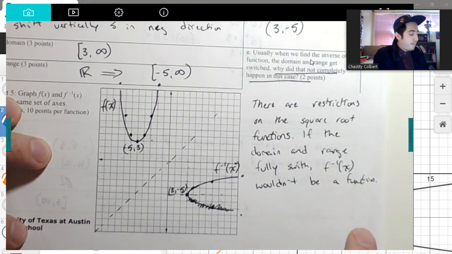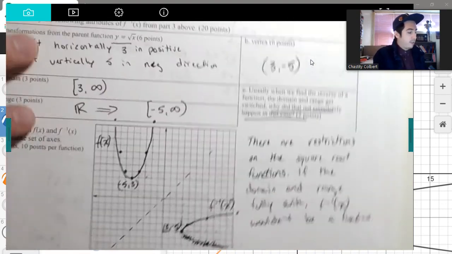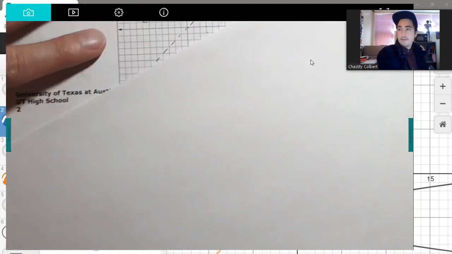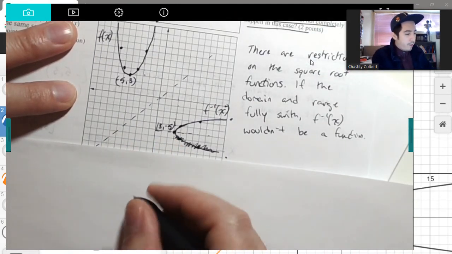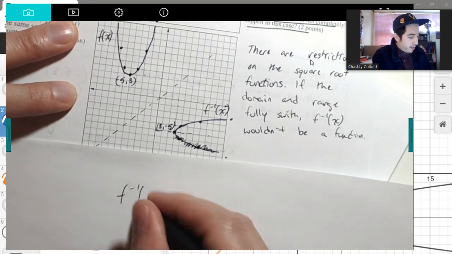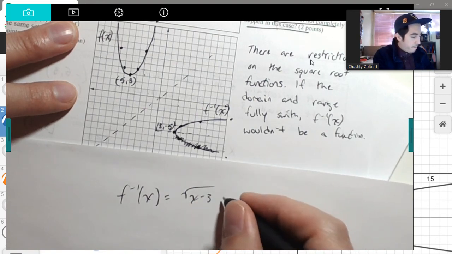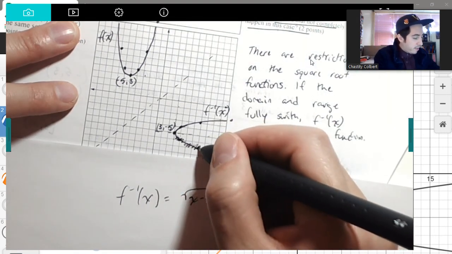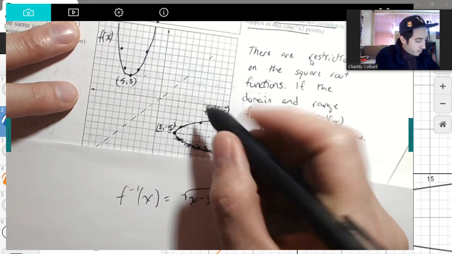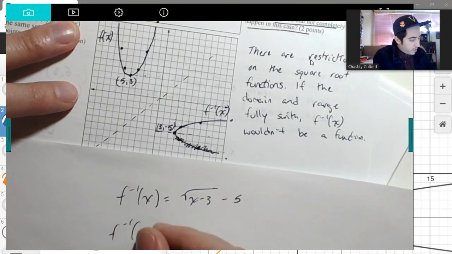Just to think about this a little deeper, I'll do this on scratch paper. Our inverse function was the square root of x minus 3, minus 5. Say when x is 7, what's f inverse of 7?